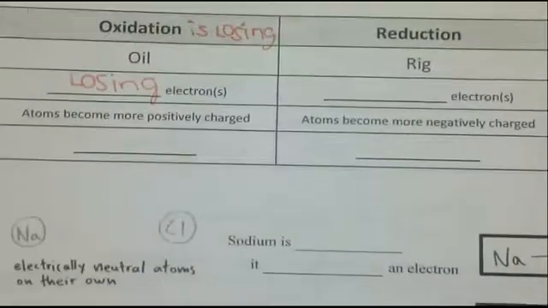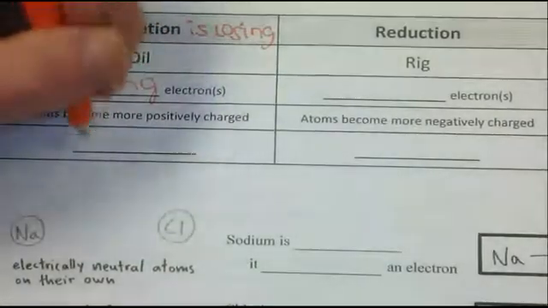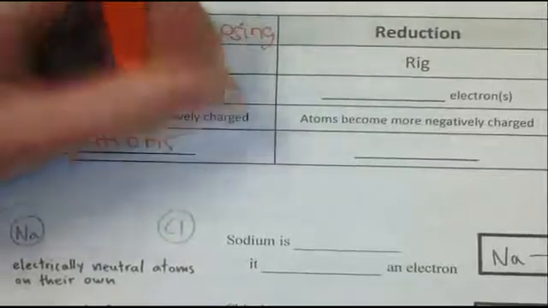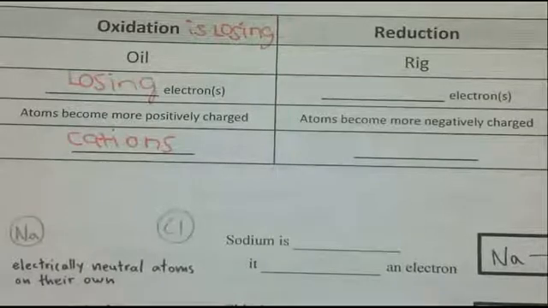Remember our cations, we said metals go meow, they're positively cute, cat paws. So these are our cations. Once they lose those electrons, they become more positively charged.